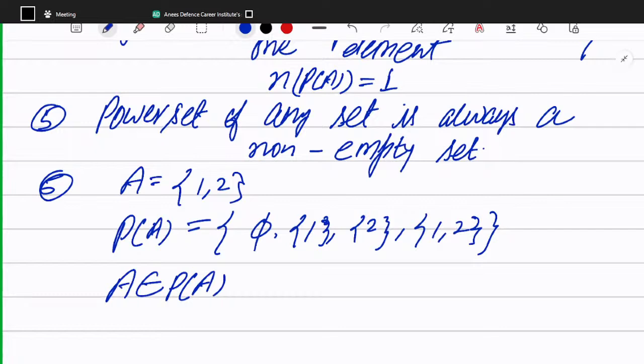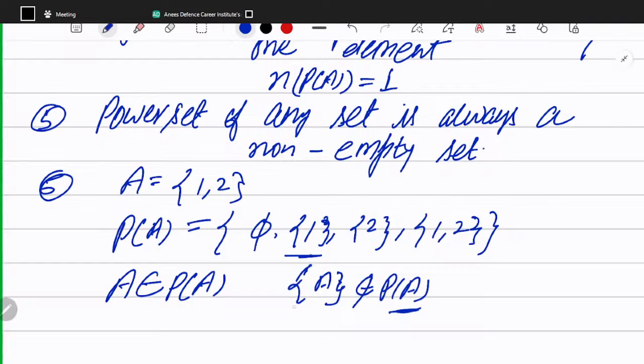Set A belongs to PA, but this will not belong to this one. If an element belongs to a set, that means exactly that element lies in it. Here, the set of A, if in place of A you write 1, 2 in braces, then this is another braces.